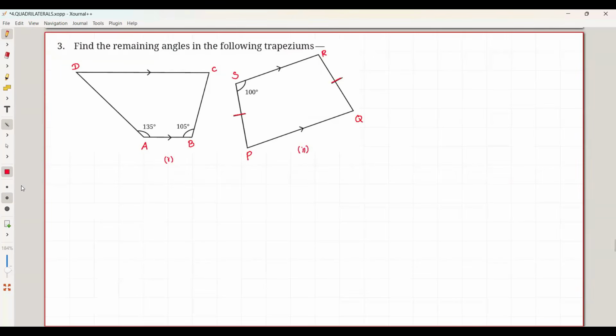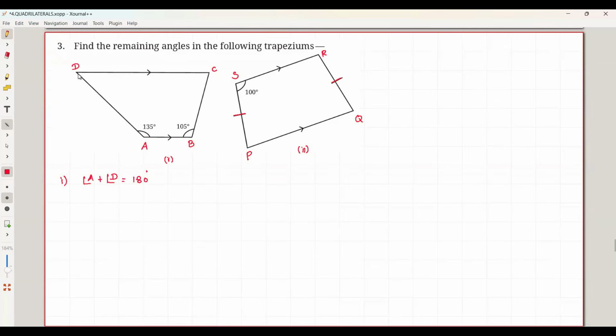In the first diagram, we know that in a trapezium, the sum of two interior angles on the same side is equal to 180-degree. Angle A plus angle D is equal to 180-degree. This is what the property says.